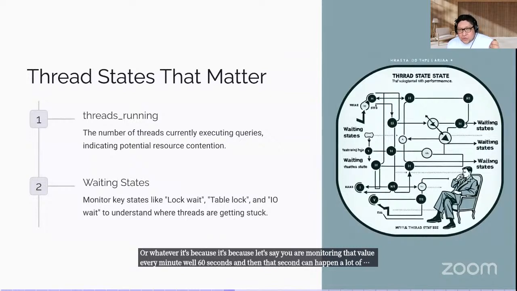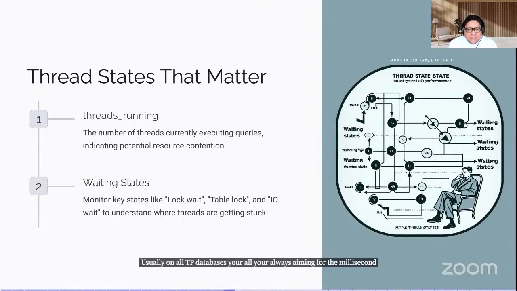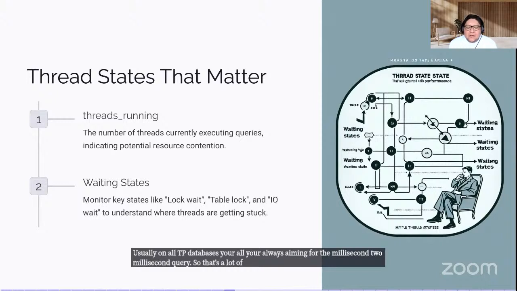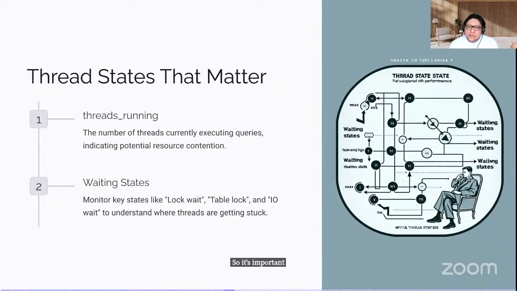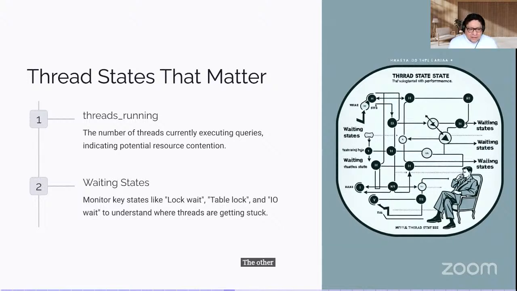Usually on OLTP databases, you're always aiming for a millisecond or 2 millisecond query. So that's a lot of queries that could happen in a second, right? So it's important to not confuse connections with actual threads running, with actual queries being executed. The other important thing is the waiting states.